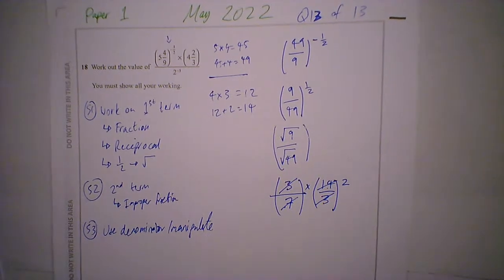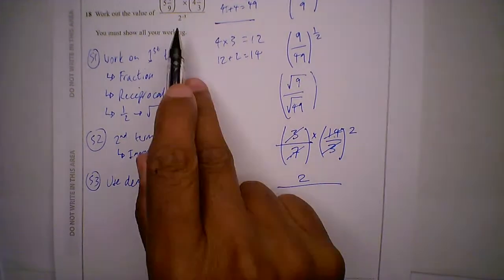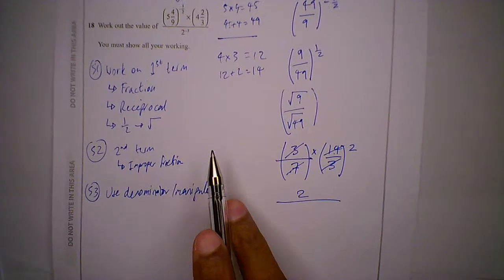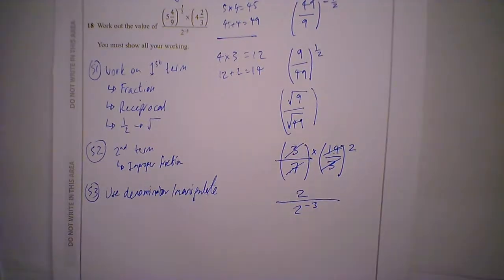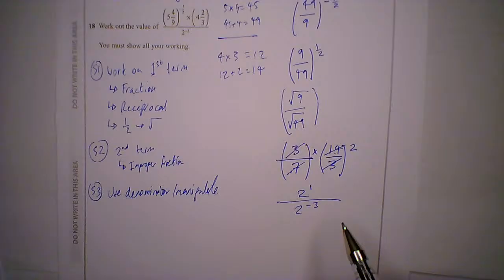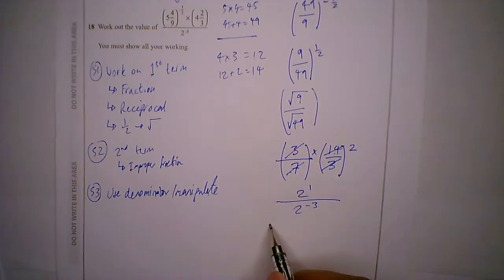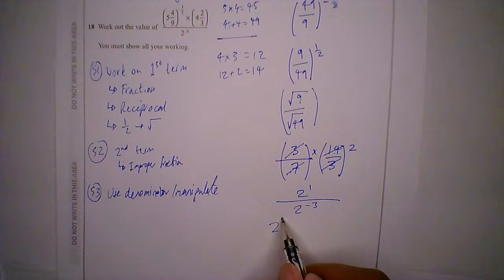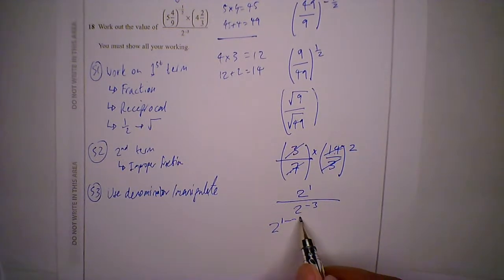So I can write this out as 2 all over 2 to the power minus 3. And remember, there's an invisible 1 here, so the base is 2, so I've got 2 to the power 1 dividing, so it's subtract minus 3.